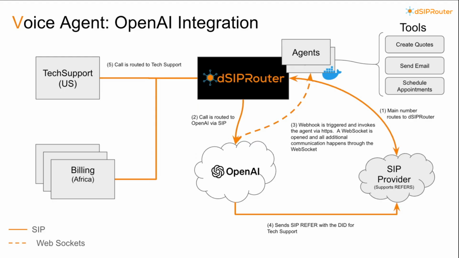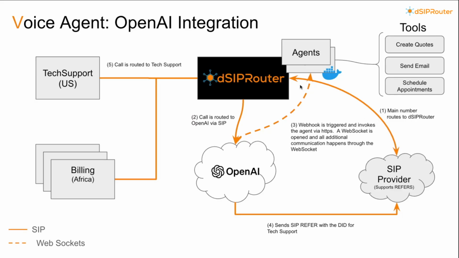And then from there, that call will be the connection between the SIP provider and the tech support organization or phone number. So that way, the end user will now be routed to tech support. Now, you can do these a couple of different ways.